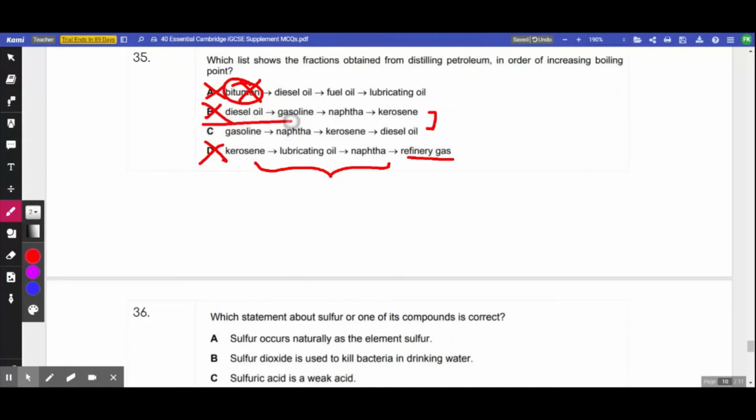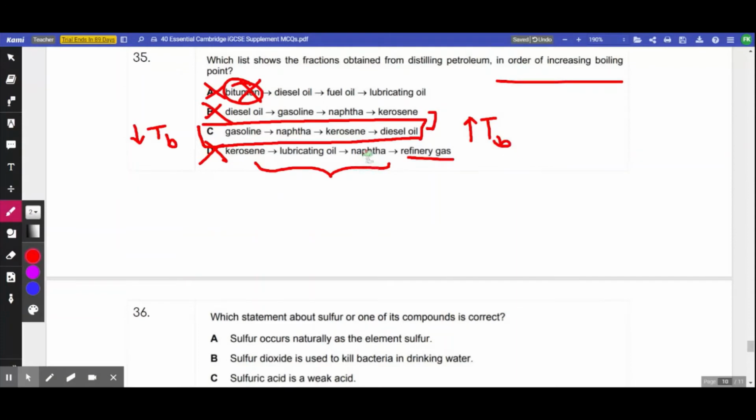The correct order is gasoline, naphtha, kerosene, and diesel oil, because you're going from the one with the lowest boiling point to the highest boiling point as given in the question.